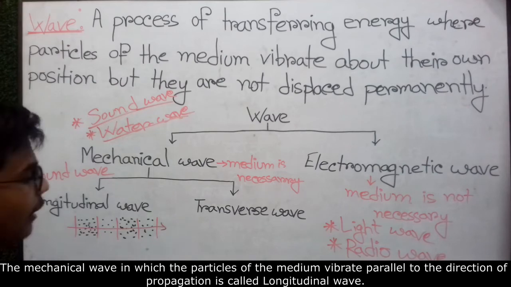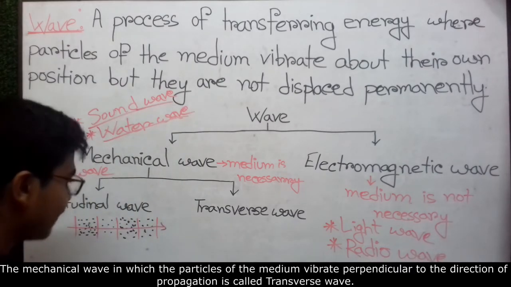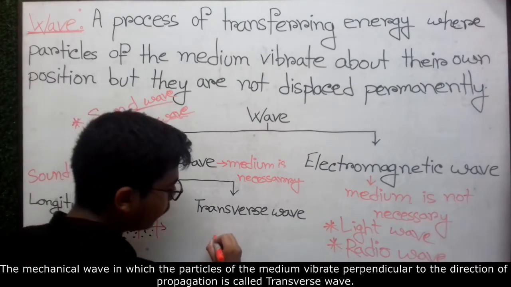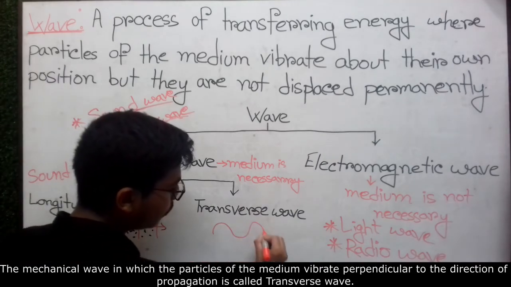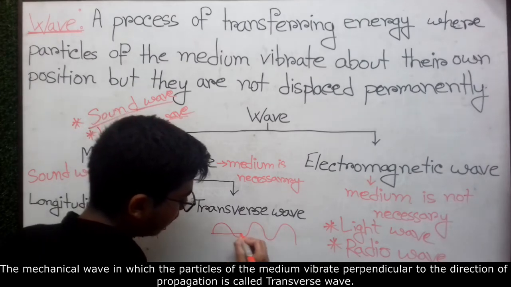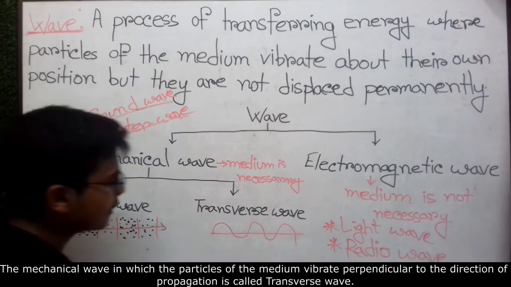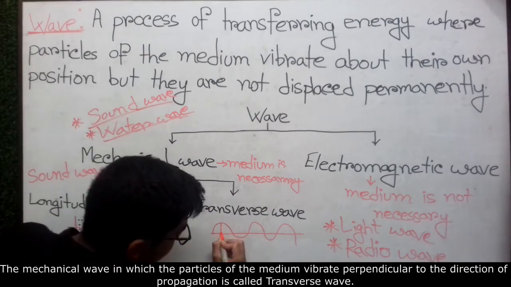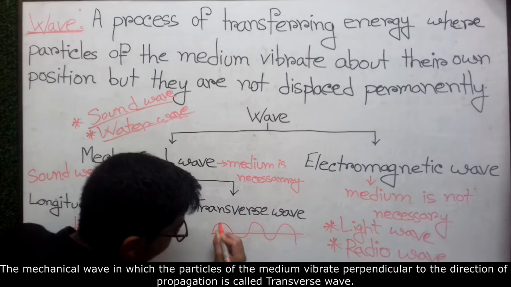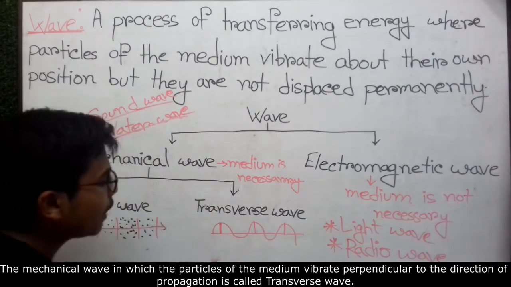And now an example about transverse wave. Okay, let's see. You have seen a wave. So how does a wave look? Okay, so here you can think this is a kind of wave. You can see this is a line, and it goes through perpendicularly.